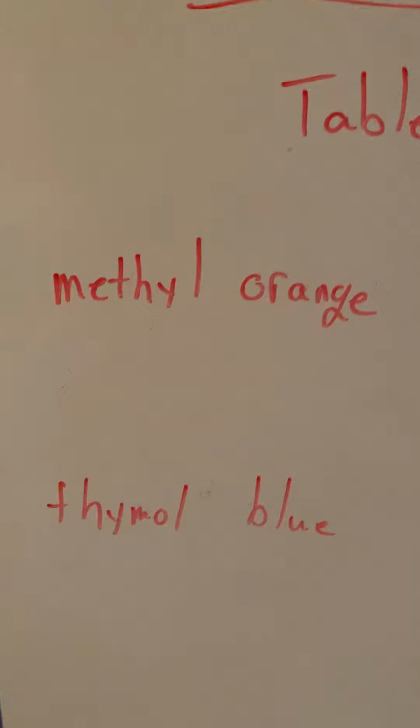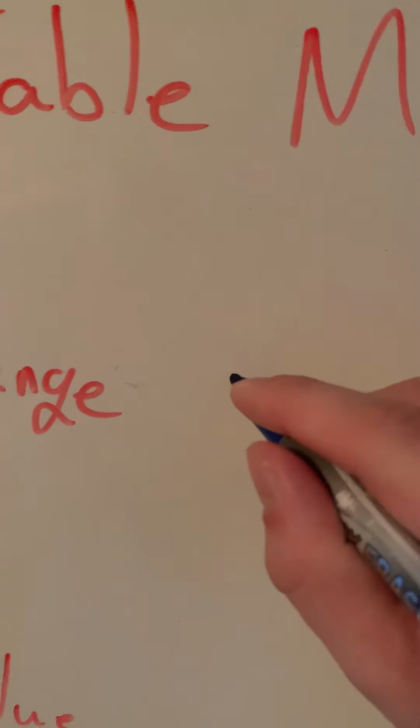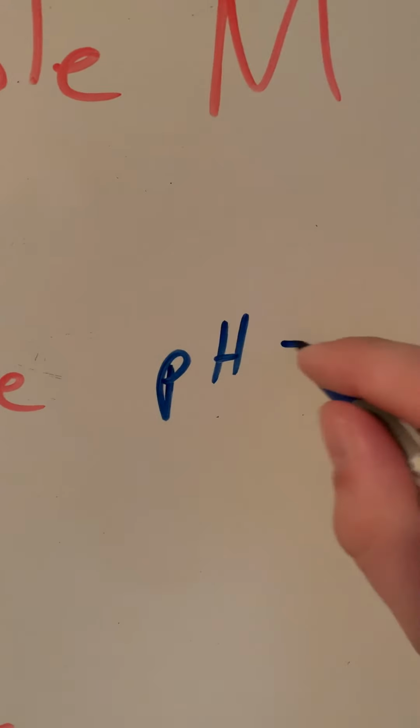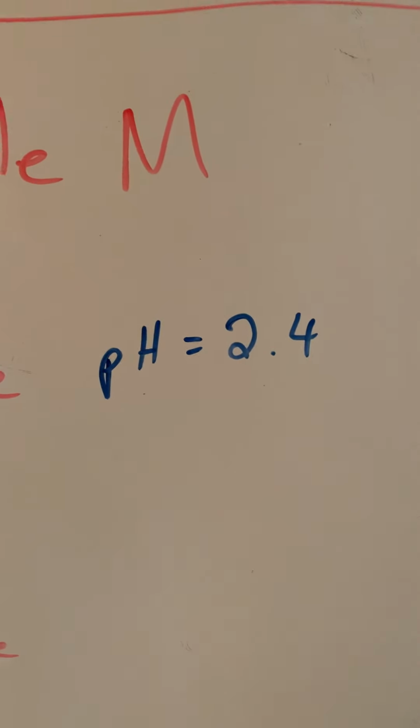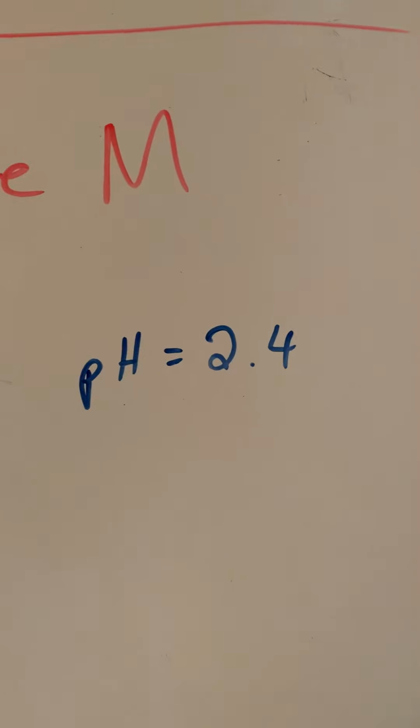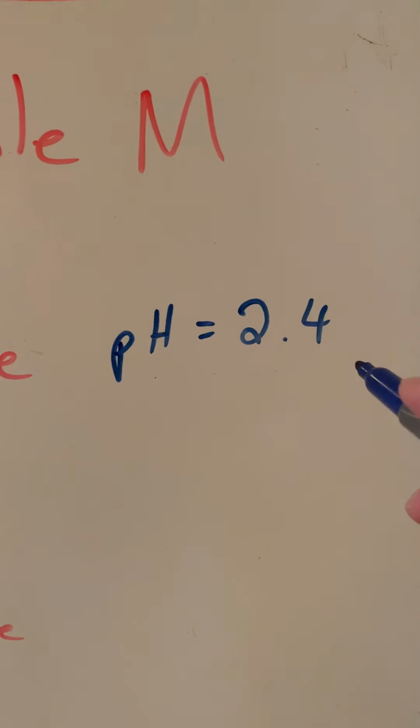So if I have methyl orange and say I have a pH value of 2.4, I know then that the methyl orange in this solution must be red.